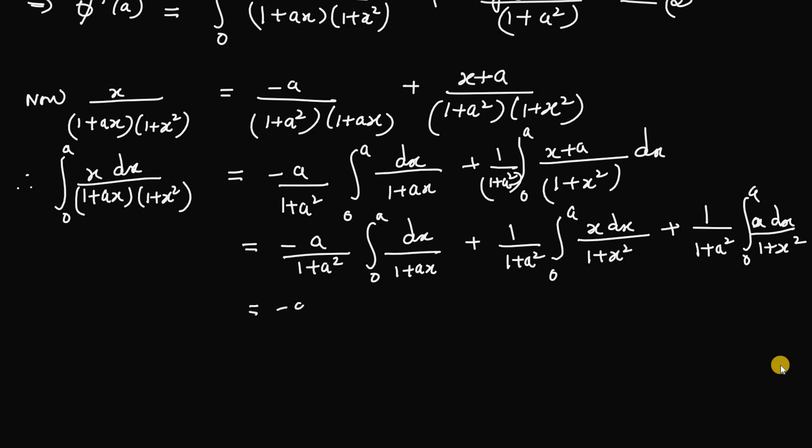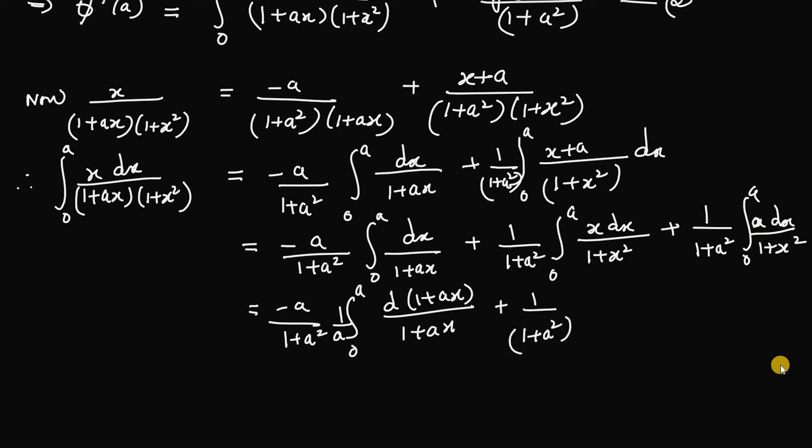It will be minus a by 1 plus a square, integral 0 to a, then this one can be written as a d of 1 plus ax. If you differentiate this with respect to x, you get a dx. So in that case, you have to divide it by a. Then by 1 plus ax, plus 1 by 1 plus a square into, in this case half will be a common factor.